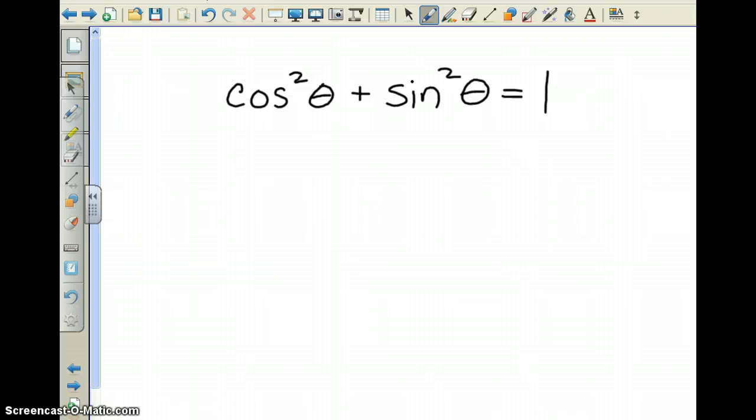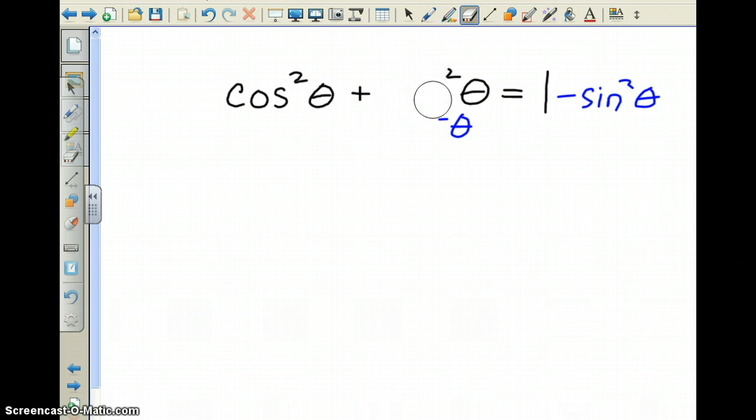So this equation can be manipulated algebraically to become whatever we want it to be. For example, if I want this to be cos squared equals something, I can use algebra to make this equation become cos squared equals 1 minus sine squared.